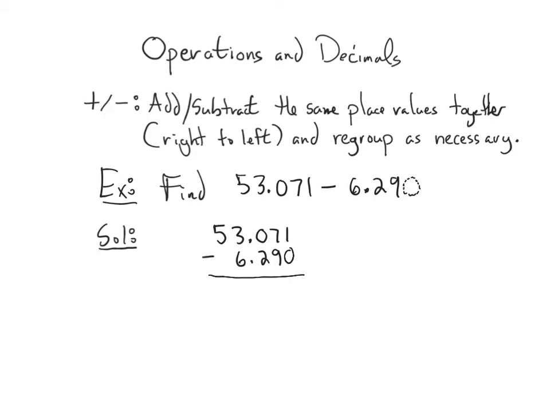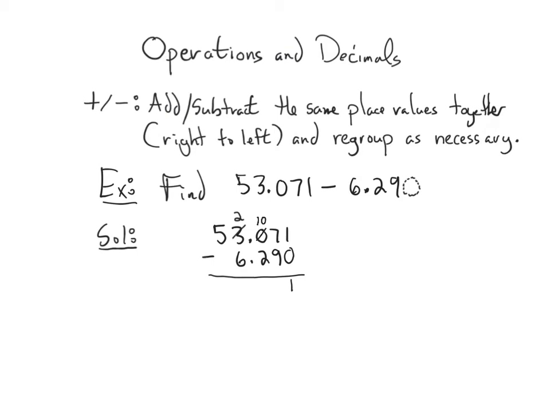1,000th minus 0,000th is 1,000th. 700ths minus 900ths, we don't have enough. We want to borrow from the tenths place, but we can't. So let's borrow from the ones place. We have 3 ones. We'll break up 1 one, leaving us with 2 ones, into 10 tenths.